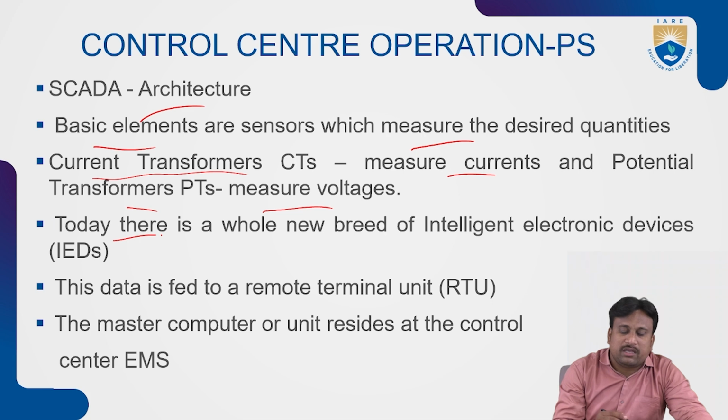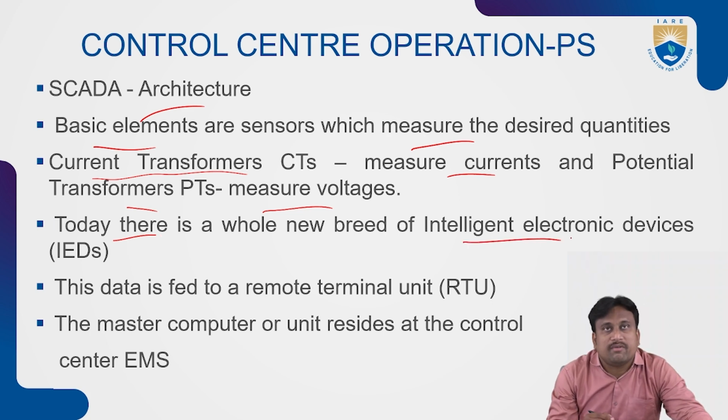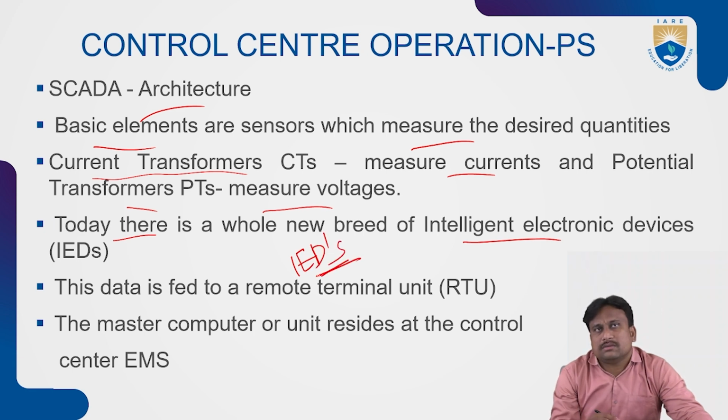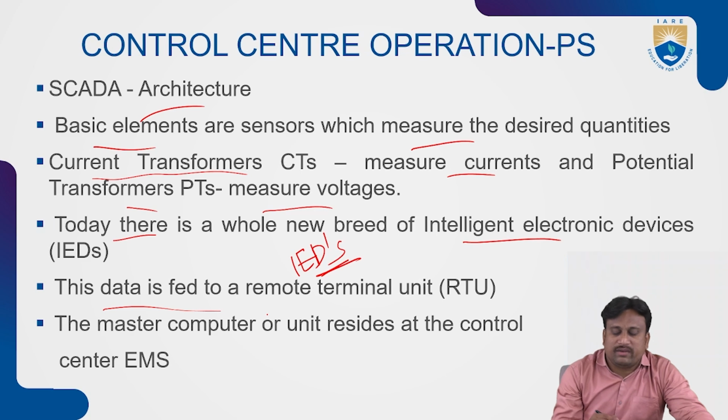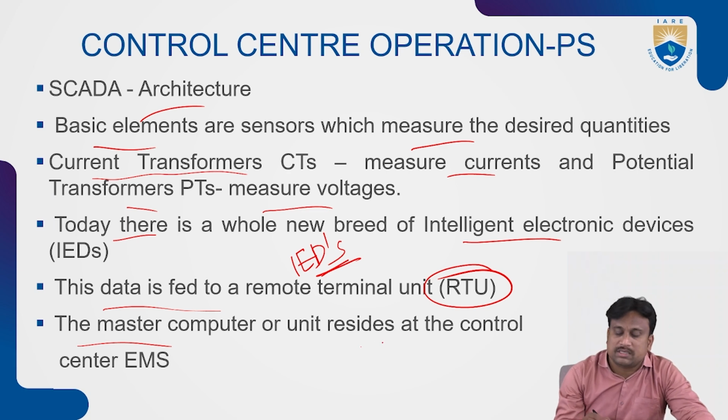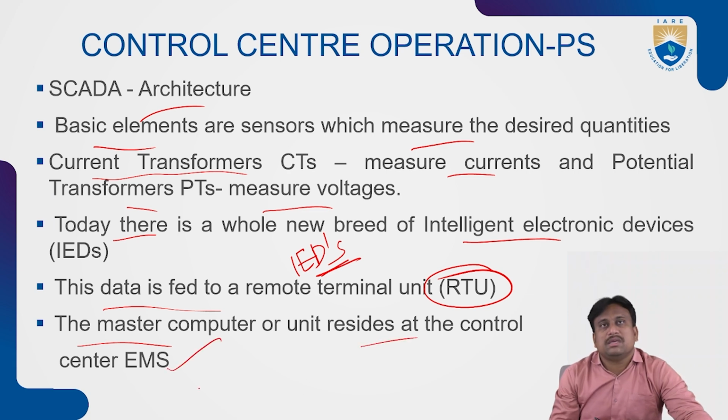And nowadays there is a new breed of intelligent electronic devices, those are called IEDs. These are the latest technologies in the electronic system. This data is given to a remote terminal unit called RTU. The master computer or unit resides at the control center, the EMS.